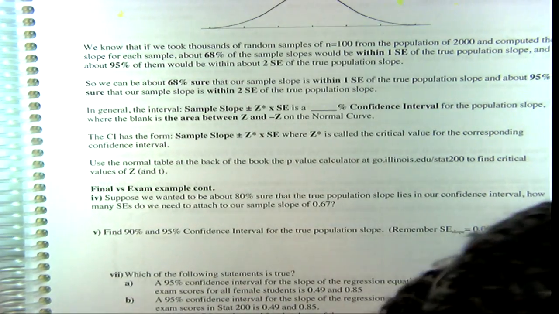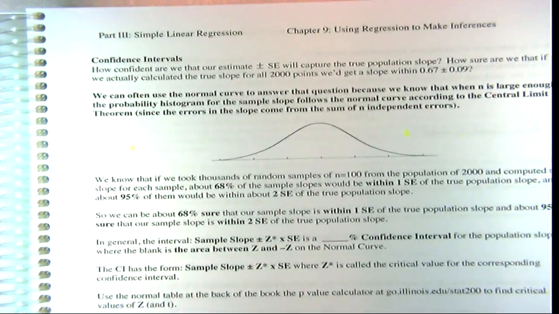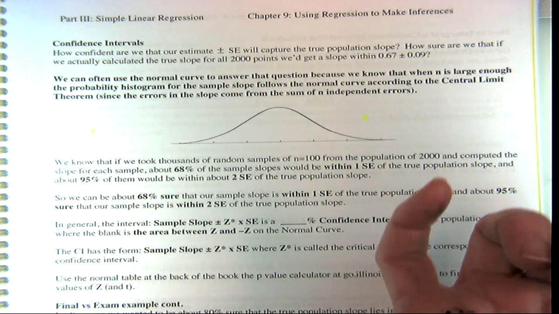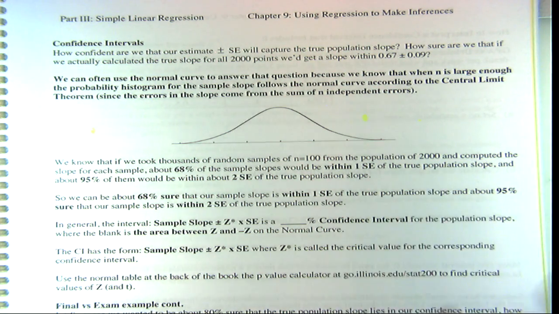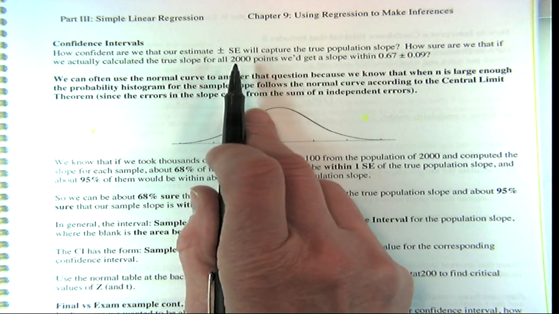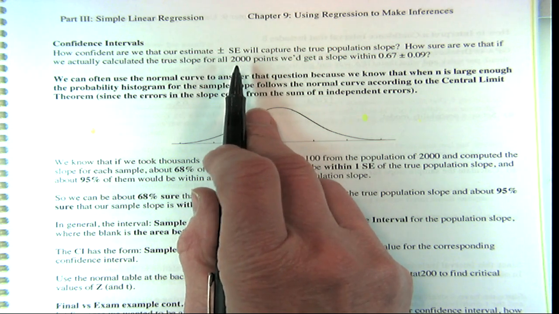All right, now confidence intervals. So, how confident are we that our population slope is in that range?